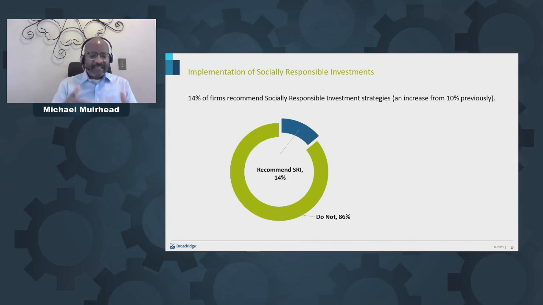So now let's dive into some of the practice insights related to investment strategies, products, or key fiduciary topics. We're going to start with socially responsible investing, or ESG, which has been a really hot topic over the last few years.